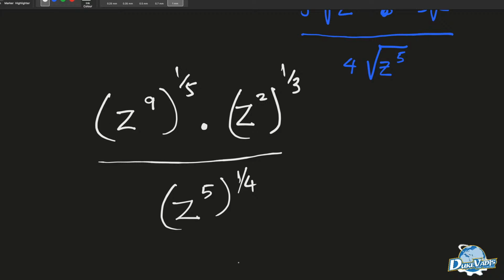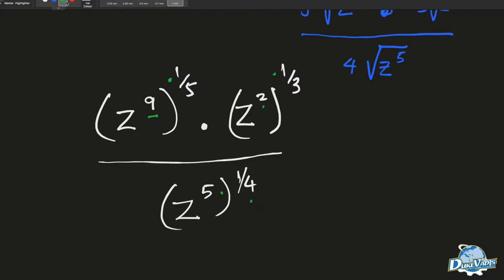We all know that the meaning of what we see over here is that the 1/5 is multiplying the 9, and the 1/3 is multiplying the 2. Likewise, the 1/4 is also multiplying the 5. So our equation is going to change.